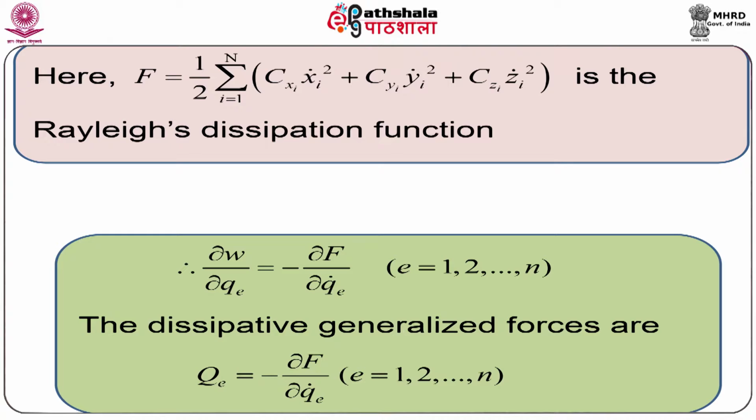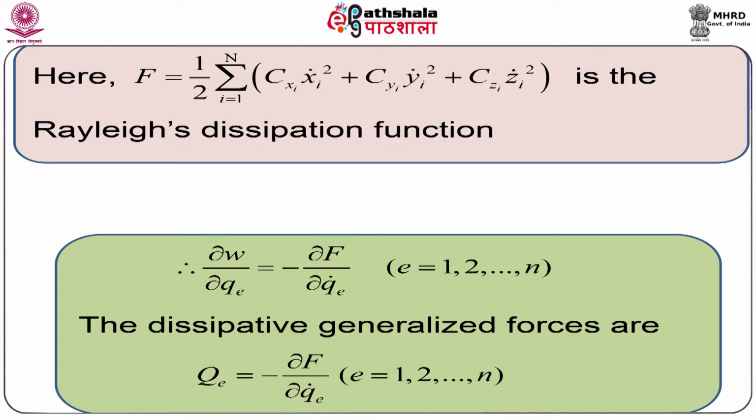If we differentiate the previous equation with respect to qk partially, we get del del qk operated on W equal to minus del del qk dot operated on capital F. This result holds for k equal to 1, 2 up to small n.